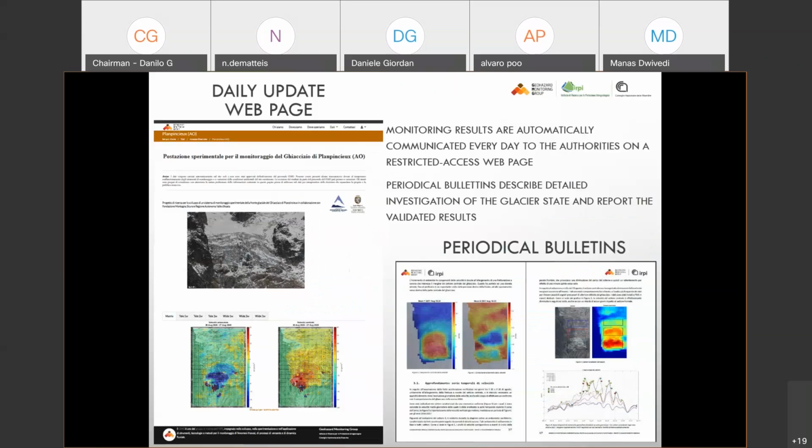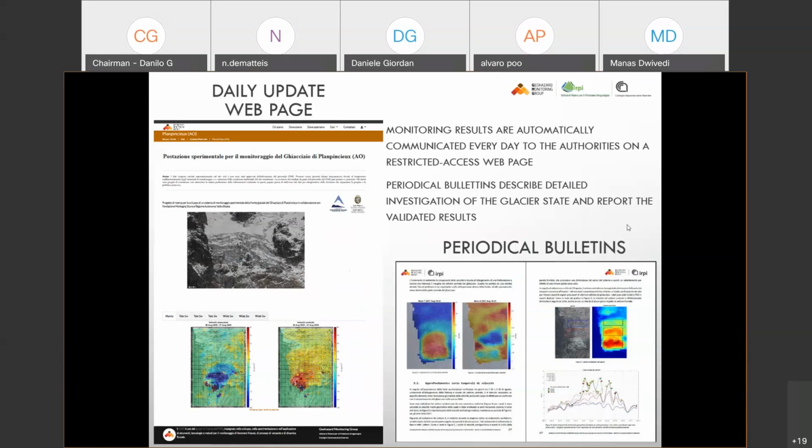This monitoring is conducted for research purposes, for sure, but it also serves for controlling the glacier behavior and for being sure that dangerous situations cannot occur.